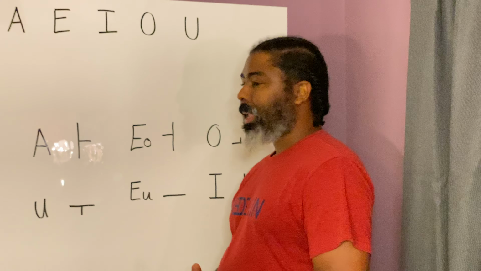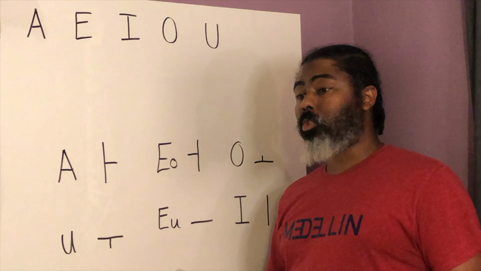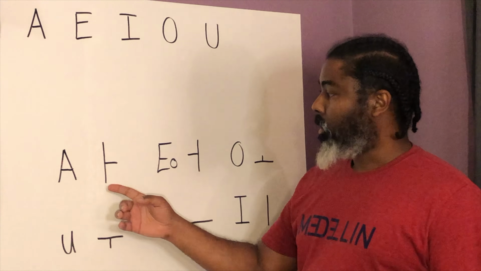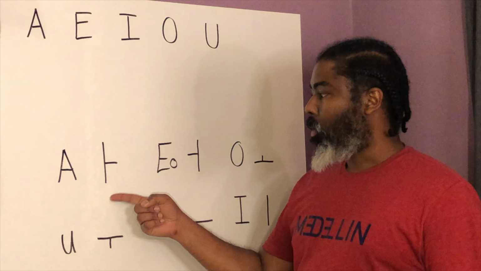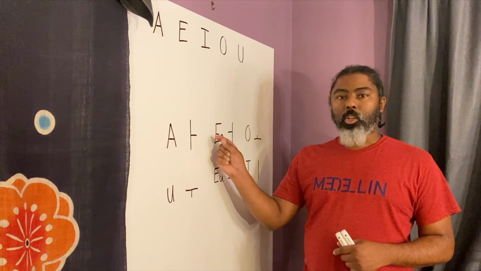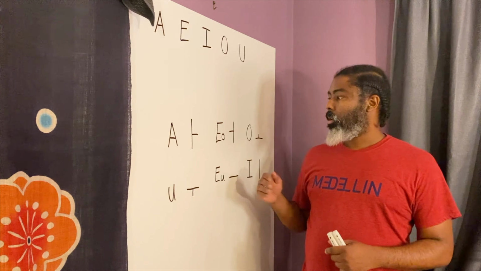All right, how these letters are written in Korean is like so. The A is represented by a line going down, and another line, a shorter line, protruding to the right, or to the east.